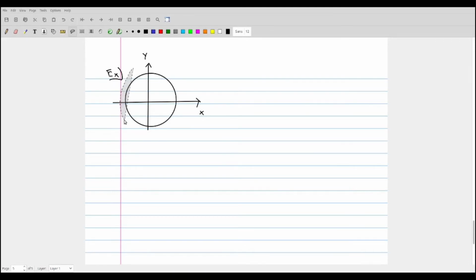So what we'll look at is the same problem that we looked at in the previous lecture, which is getting the area of a circle. Say the circle has radius a.